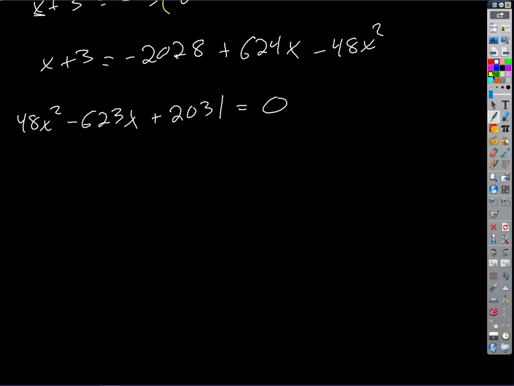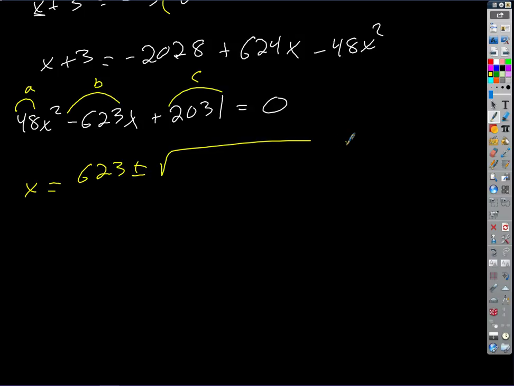There's the quadratic formula on the board. Here's A, there's B, and there's C, right? So we're gonna get x equals negative b plus or minus the square root of b squared. So negative 623 squared. That's the same thing as positive 623 squared. So I'm just gonna write that because it's easier, right? Minus 4 times 48 times 2031.